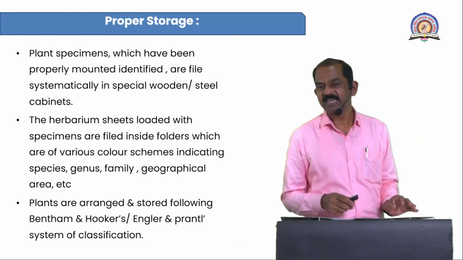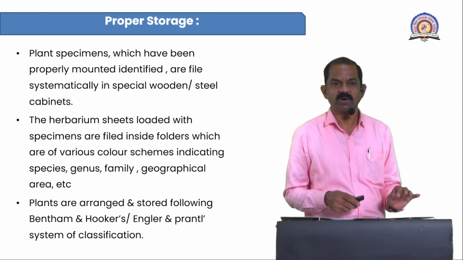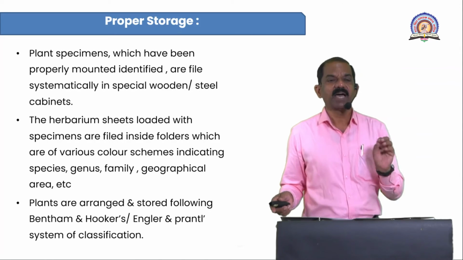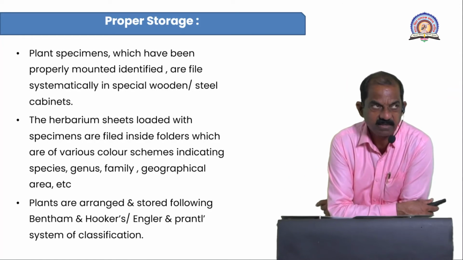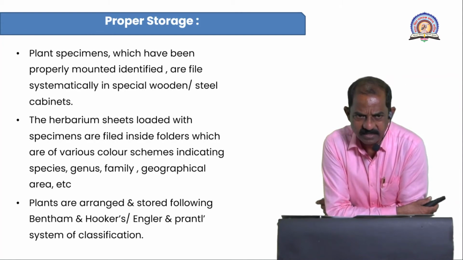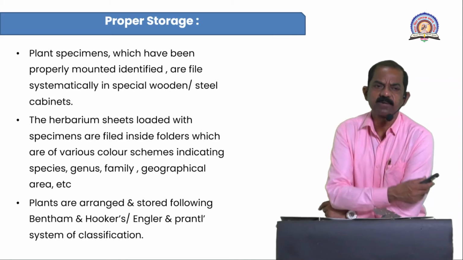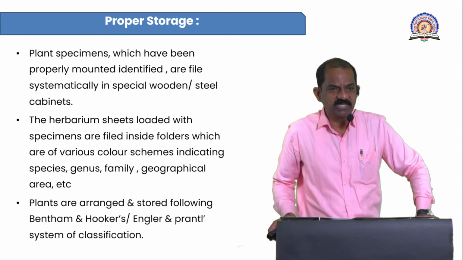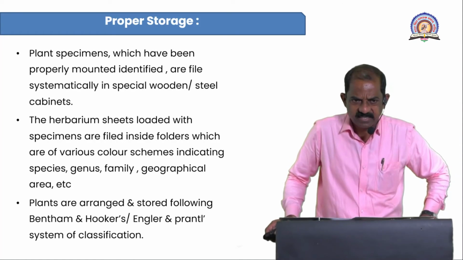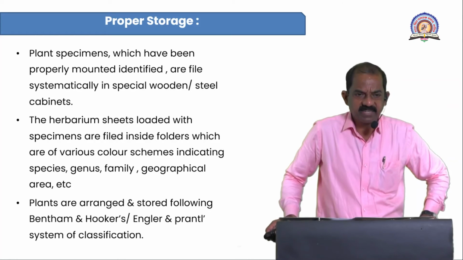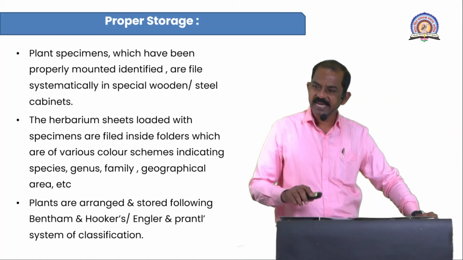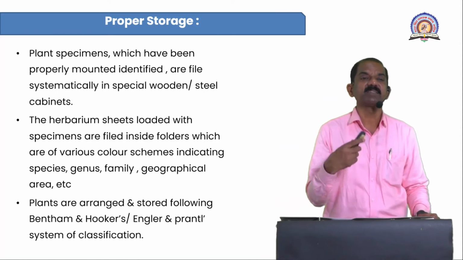Family wise we can prepare the cabinet, and in it we place the herbarium sheets, filled inside the cabinet in folders of various colors which indicate the species, genus, family, etc. They are arranged and stored by the Bentham and Hooker or Engler and Prantl system of plant classification.